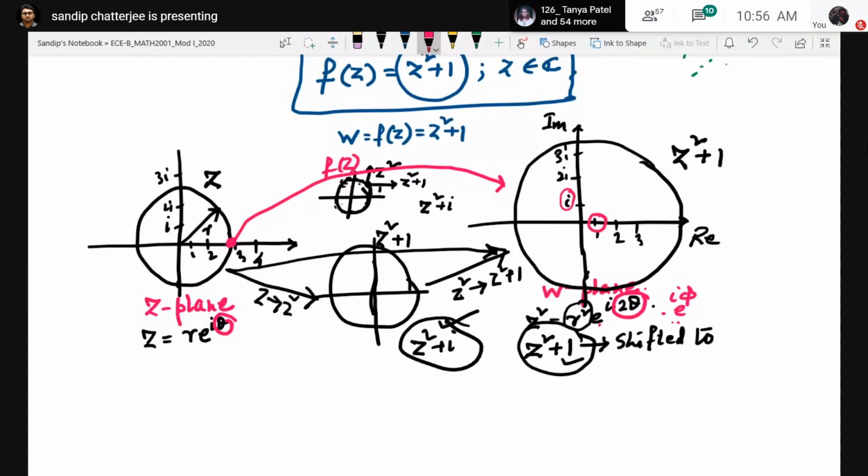This point, as per the definition, will be shifted to a circle of radius r square centered at 1, 0, with an angle double the argument of this. Now double of 0 is 0, so this will be mapped to this particular point.